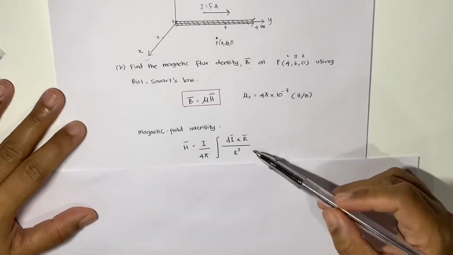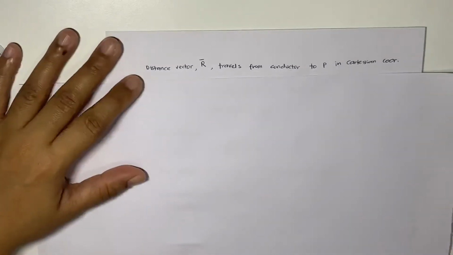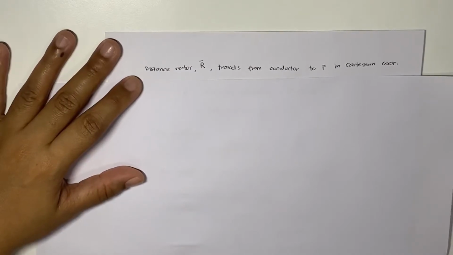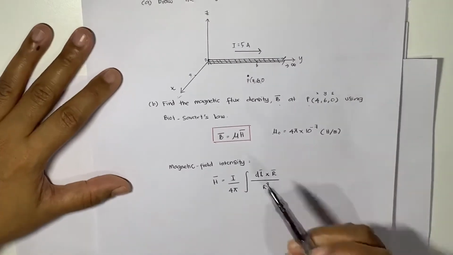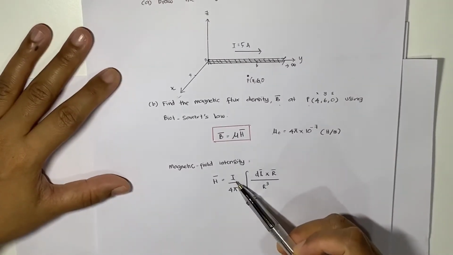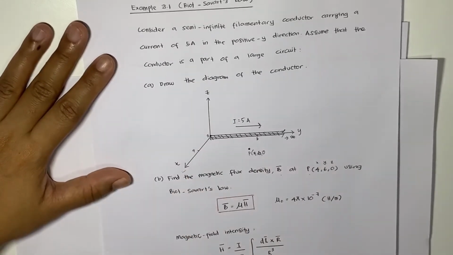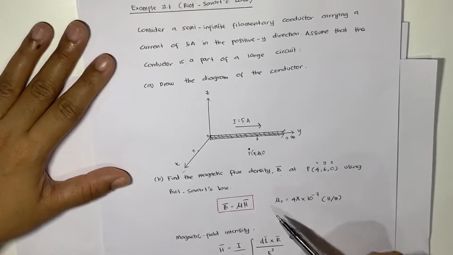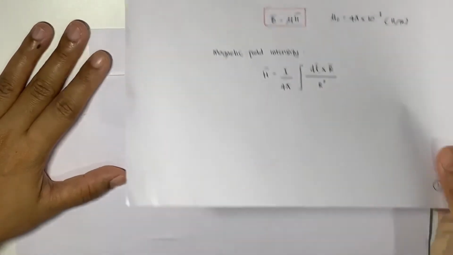That's why we use this equation. From the equation given, you already have current, which is 5 ampere. Now you need to find dl, vector R and R.